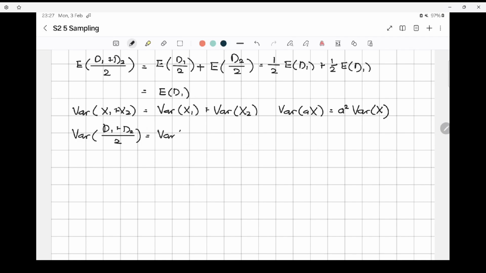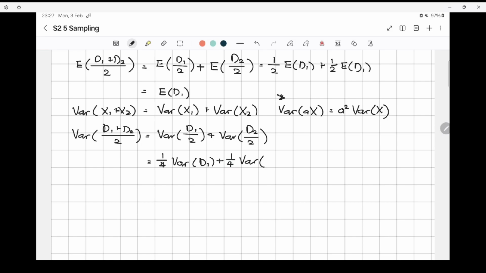Of course you can separate it out like this. Because of this particular formula, you have 1 over 4 the variance of D1 plus 1 over 4 the variance of D2.